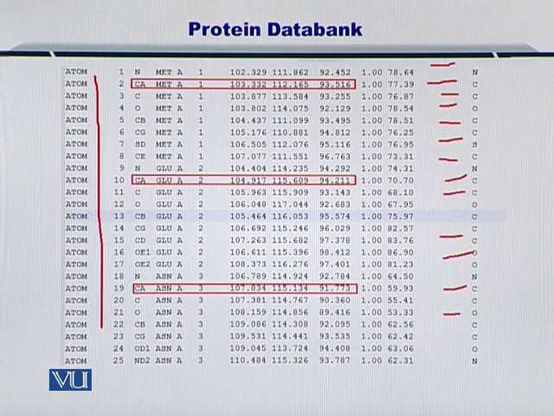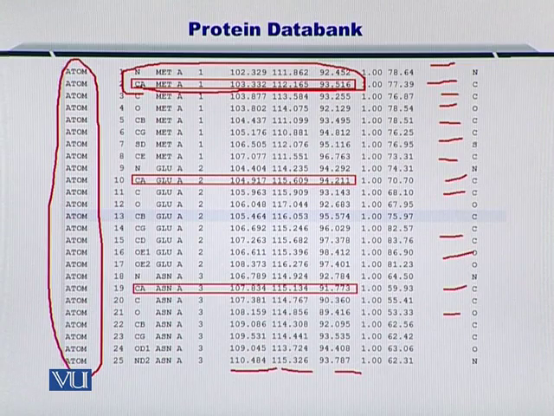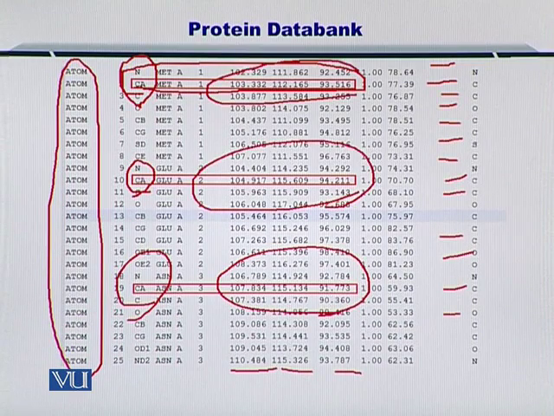So here you can see the atom attribute, and here you see the CA or C alpha along with its X coordinate, Y coordinate, and Z coordinate. So by collecting all such C alphas and their coordinates, you can actually plot the backbone of the protein.